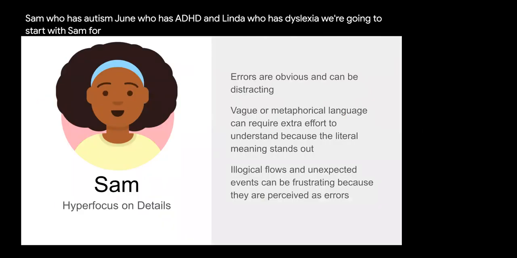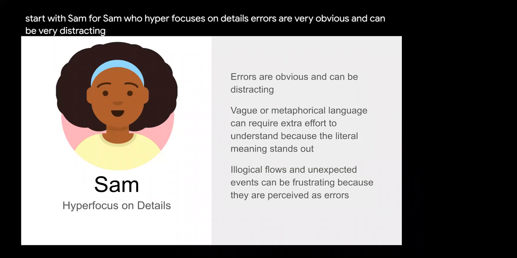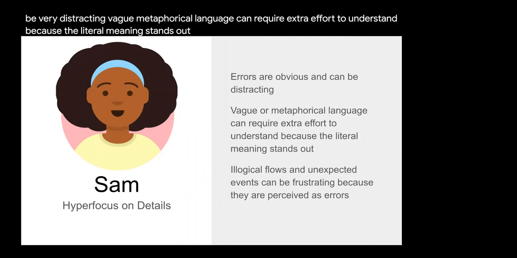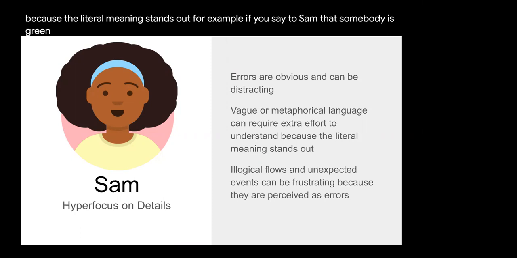For Sam, who hyperfocuses on details, errors are very obvious and can be very distracting. Vague and metaphorical language can require extra effort to understand because the literal meaning stands out. For example, if you say to Sam that somebody is green, meaning that they're new to the job, she might actually hear that somebody is the color green.